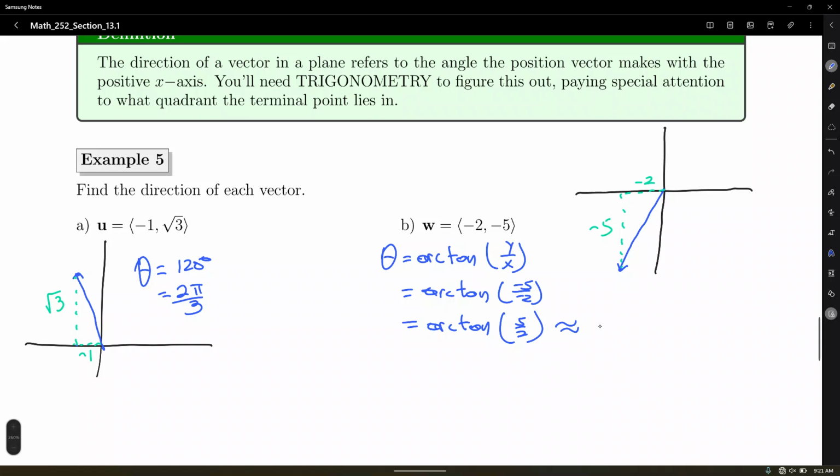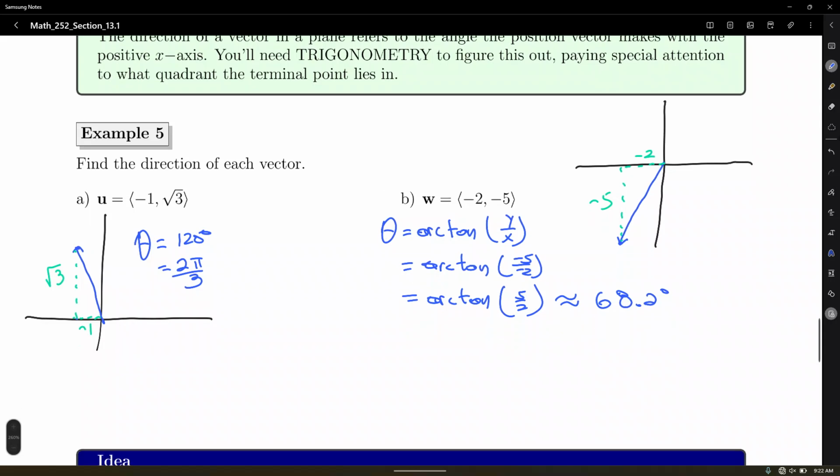So approximately 68.2 degrees. Let me round it to 1 decimal place. Be careful with the instructions on your online homework. It might ask you to round to the nearest degree, or the nearest tenth, or 2 decimals. Just be mindful of that.